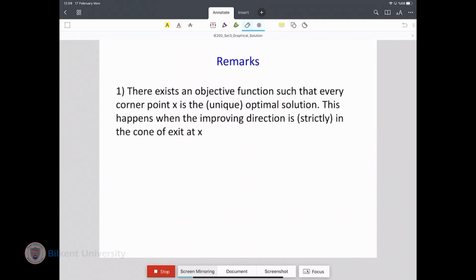If I give you a region, would you be able to give me an objective function so that this problem becomes infeasible? I can't hear you. No. If I give you a region, you cannot give me an objective function that makes this infeasible. Being feasible or not has nothing to do with the objective function.